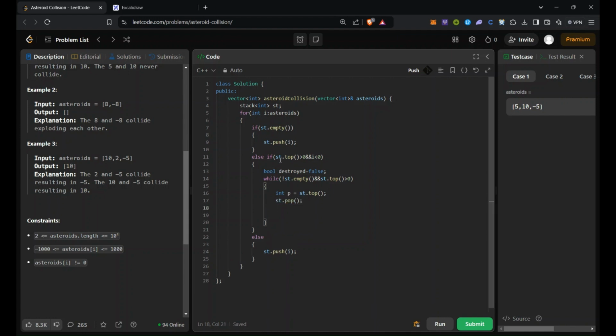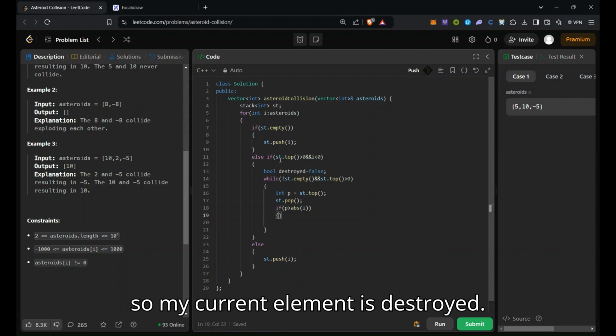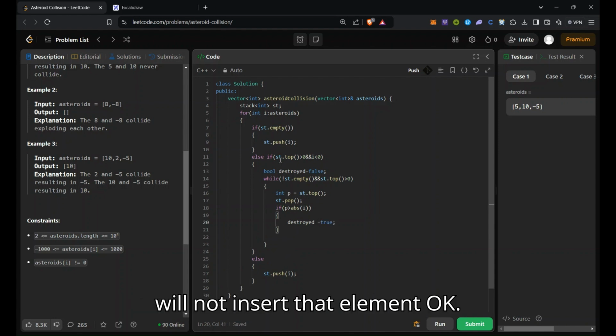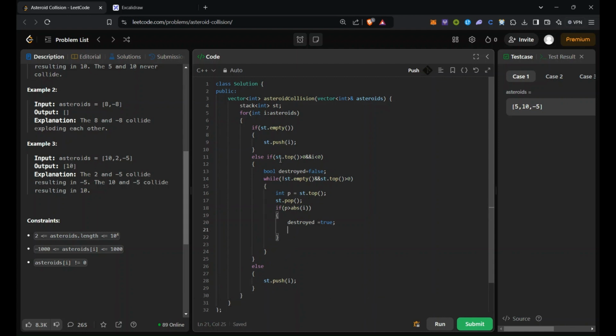If p is greater than the absolute value of I, then my current element is destroyed, so destroyed equals true. So I will not insert that element; I will simply insert the top element back.